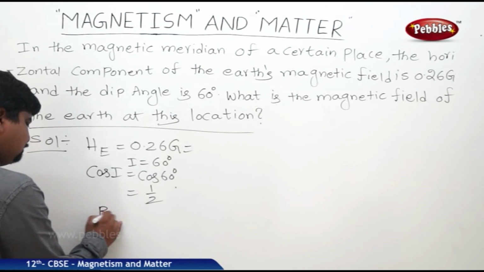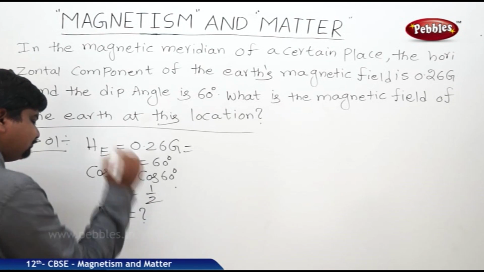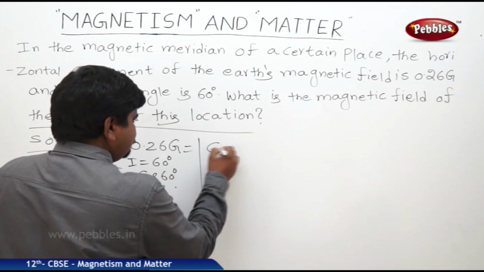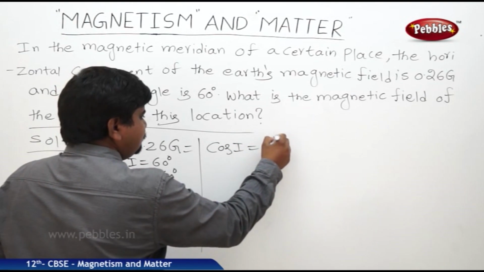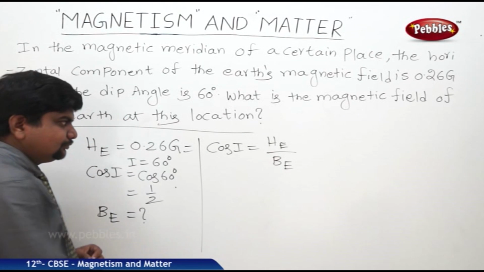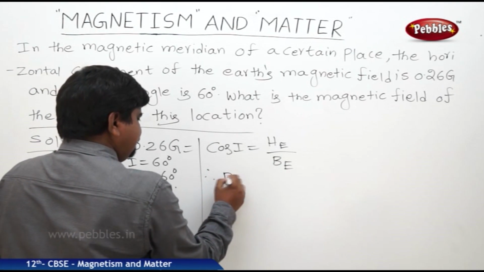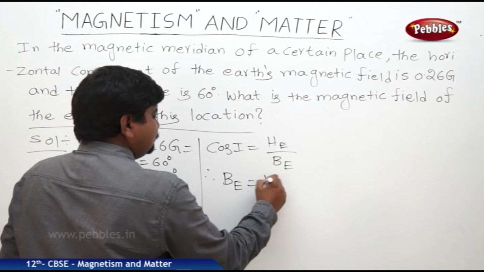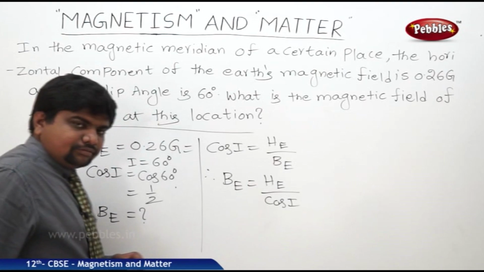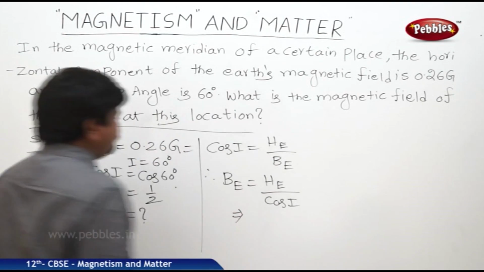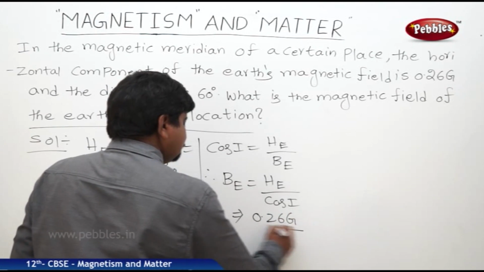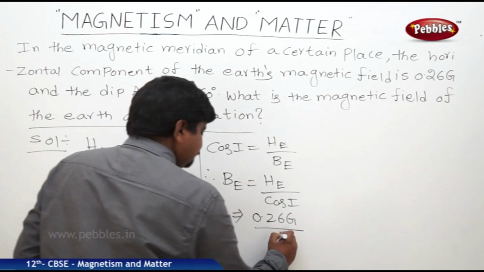So we should find out the magnetic field of the Earth. There is a relation between HE, BE and cos I. Cos I is equal to HE by BE. So we can write BE is equal to HE by cos I. HE is equal to 0.26 Gauss, and cos I is equal to half.